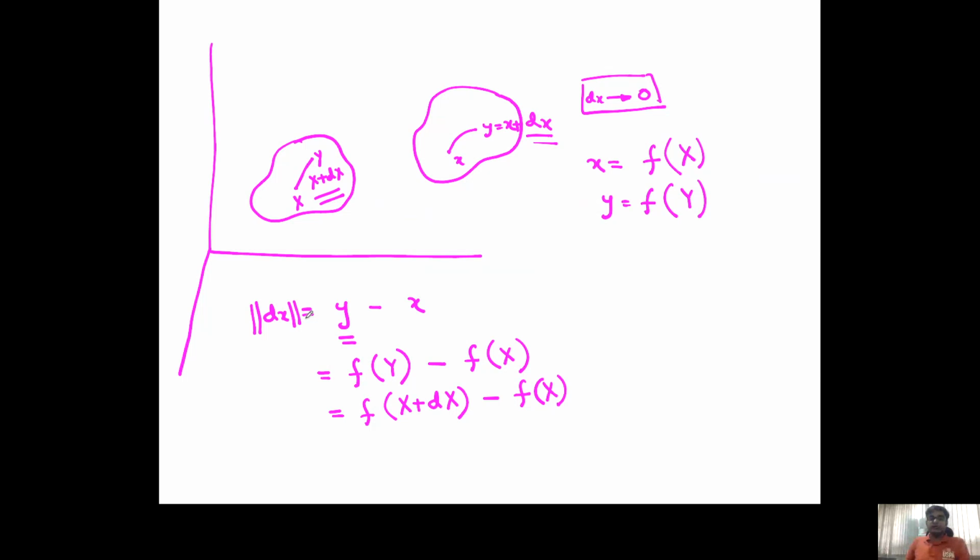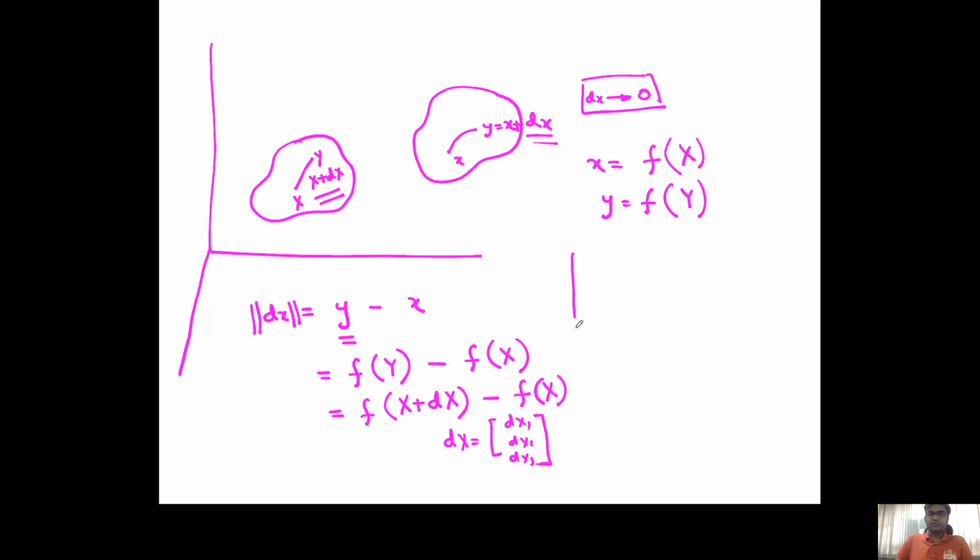So that is basically the magnitude we are talking about. So this is what we have: f of x plus dx minus f of x. Do remember that this dx has three components: dx1, dx2, dx3. So this is a vector valued function, which is okay. But even this capital Dx is a vector, so it has three components. So that is something you should remember.